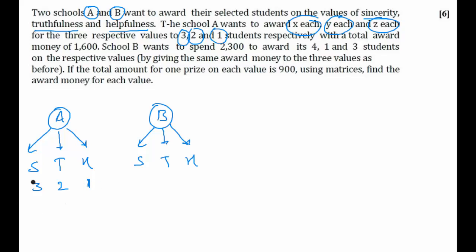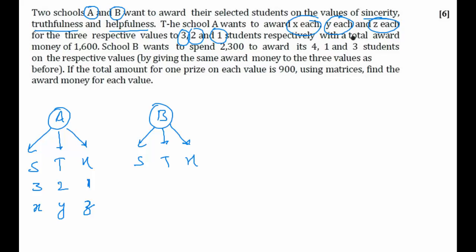Right? And the award of sincerity has the amount value X, the truthful award has amount value Y, and being helpful gives you Z amount of prize. Okay, this is the data which we should remember.